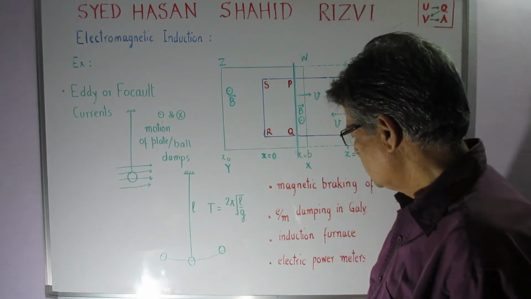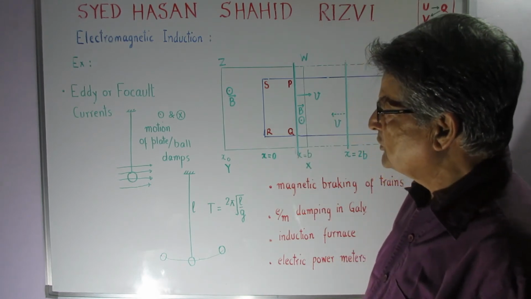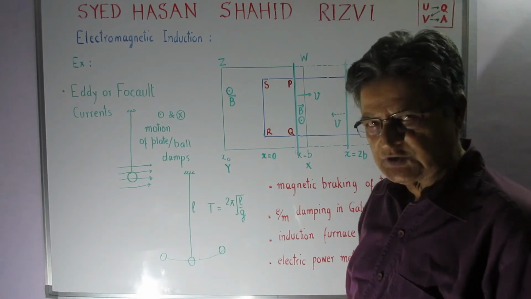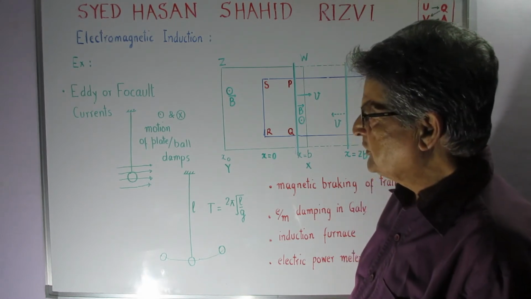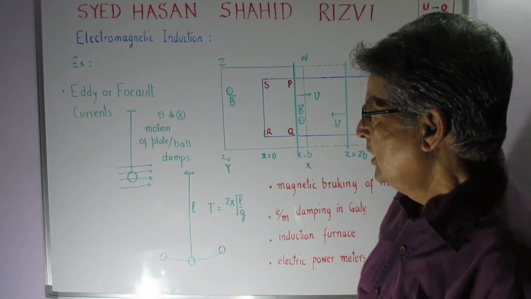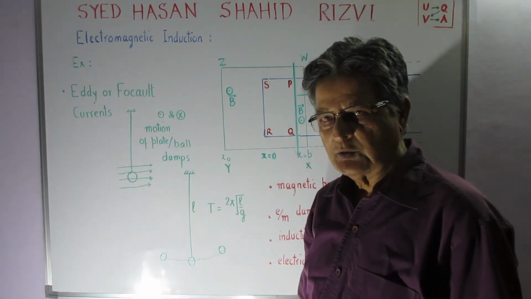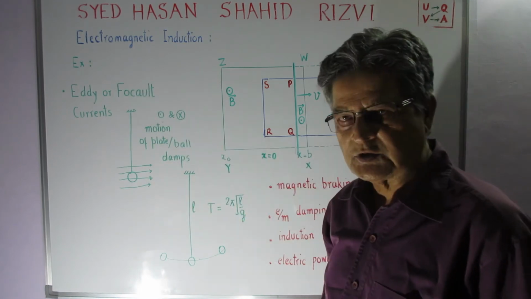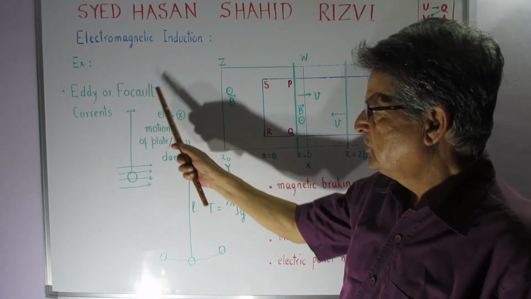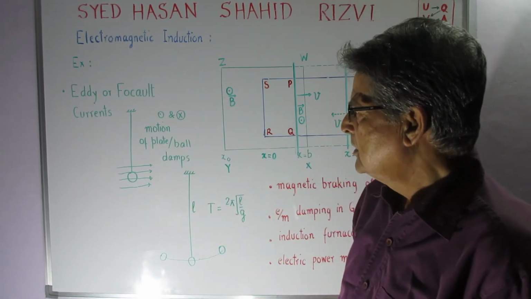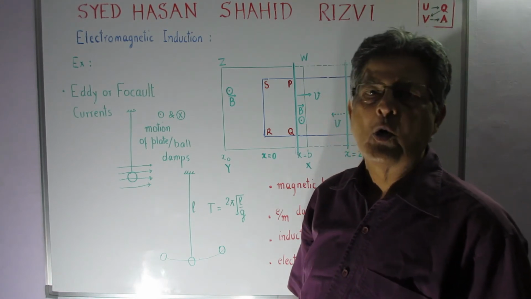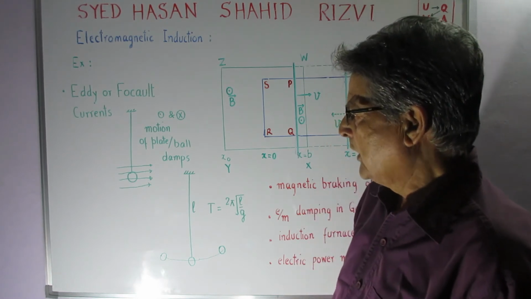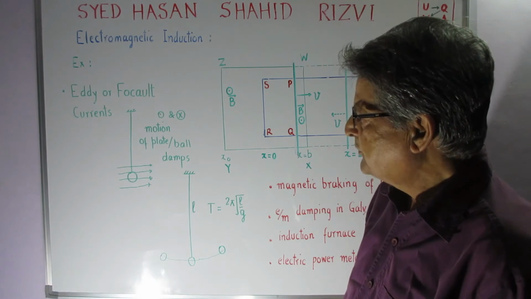Okay. The next item I want to discuss in this continuation is a very interesting subject of localized currents, which are called eddies, or Foucault currents. Actually, the name is written as Foucault, but it is read as Foucault. So, Foucault currents. That's very interesting.